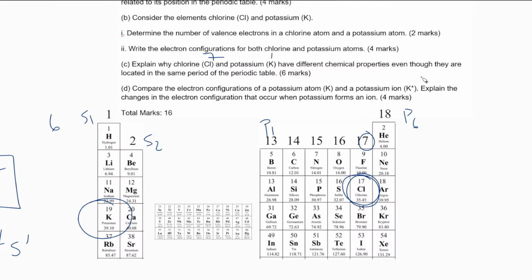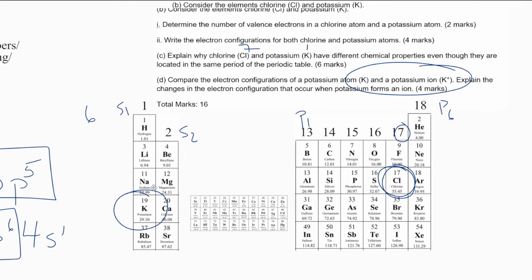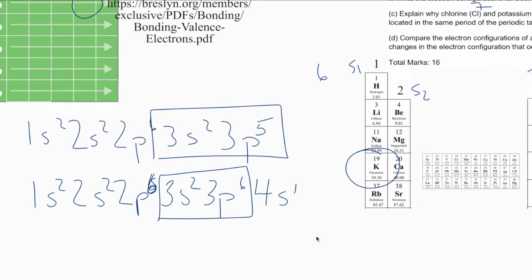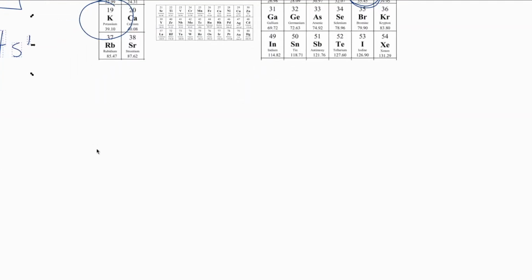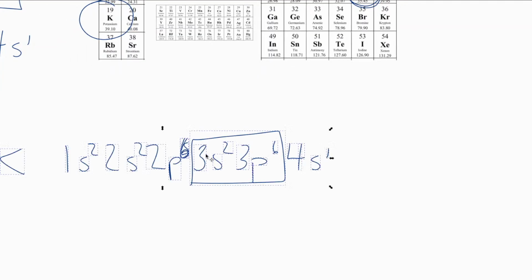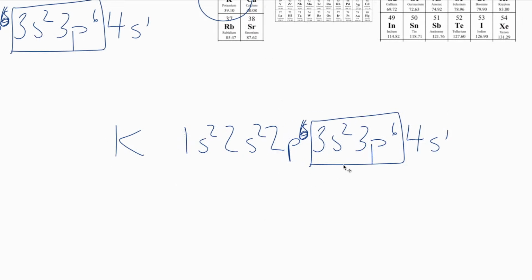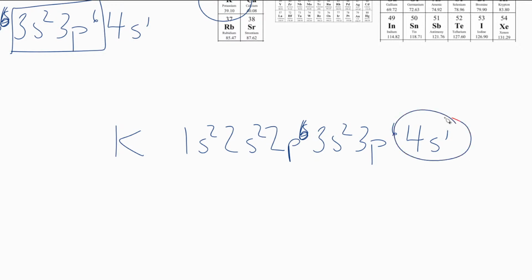I do want to show you about ions, because that's real important. So potassium here, let's copy that and give ourselves some room. This is potassium right here. So it's going to lose this electron.